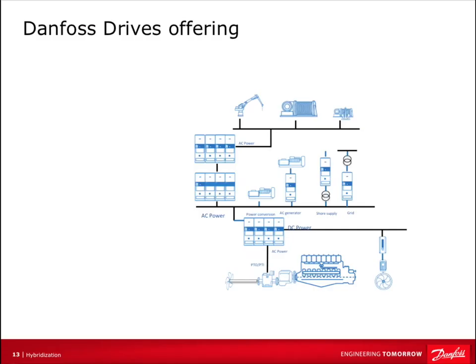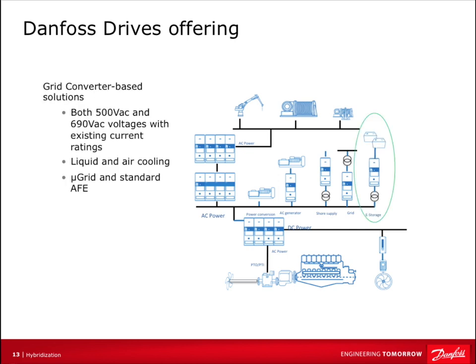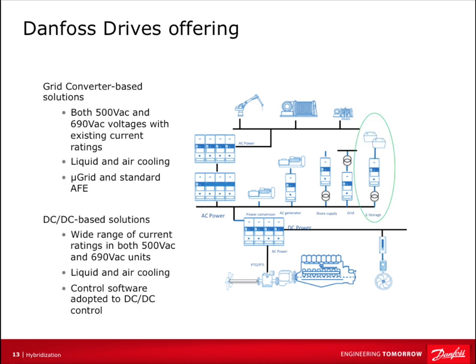So if we look at an offering from what Danfoss could provide, Danfoss has the ability to provide all of these components within these converters. Again, the inverter hardware itself is the same. So the same hardware we use to run a motor, we can use as a grid converter.